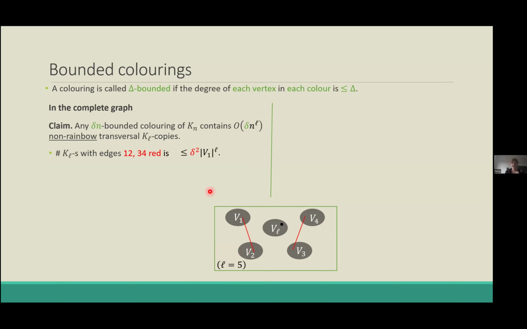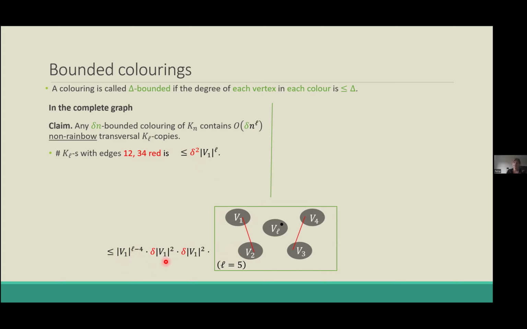So we claim that the number of such copies with 2 red edges between these 2 pairs of parts is at most delta squared. And that's just easy counting. So you fix 2 pairs of edges, and now the number of KL copies that extend this pair is at most this V1, which is the size of the parts, to the power L-4.